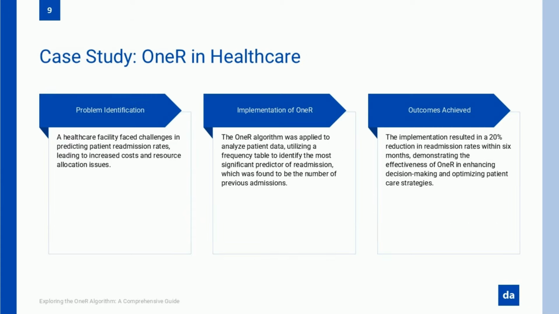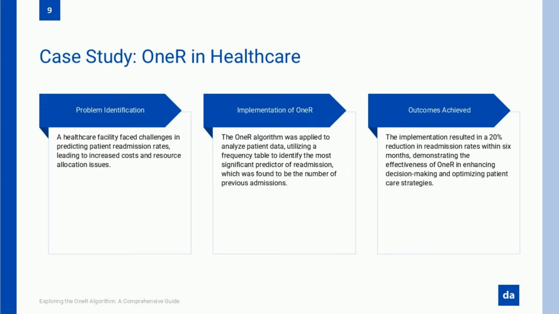A major healthcare facility was struggling with high patient readmission rates. Readmissions are costly, strain hospital resources, and often indicate gaps in patient care. The hospital needed a straightforward solution, something that could quickly identify at-risk patients without the complexity of deep learning models.